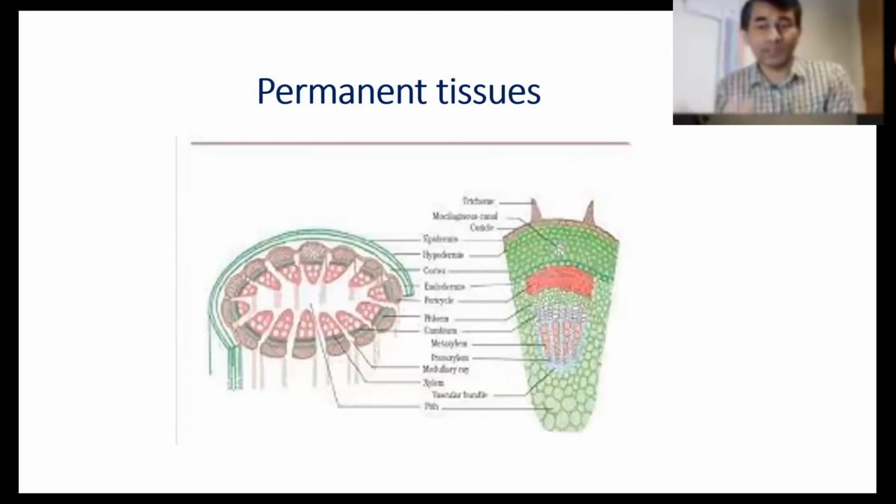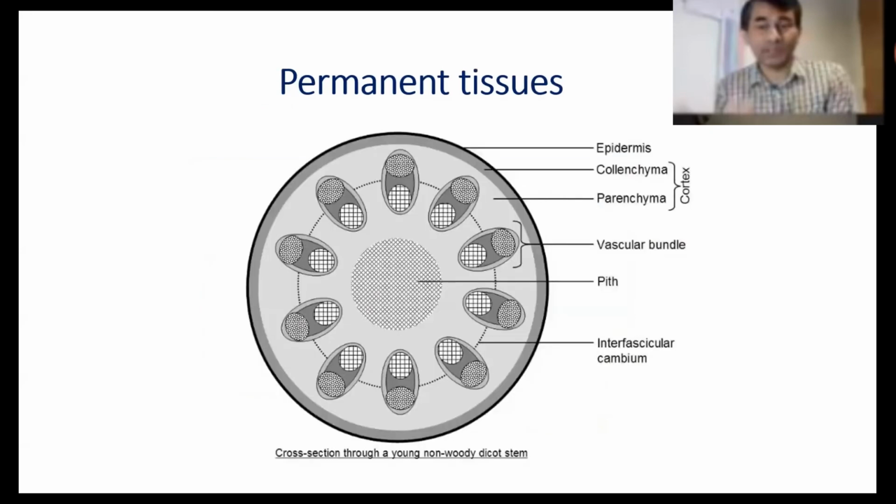The same diagram, the same stem cut transversely. So the stem of a green plant, a small plant, is cut transversely and the slice is observed under the microscope. And how will that look? Have a look at this diagram. So you can see this is a cross section of the stem with outside epidermis.